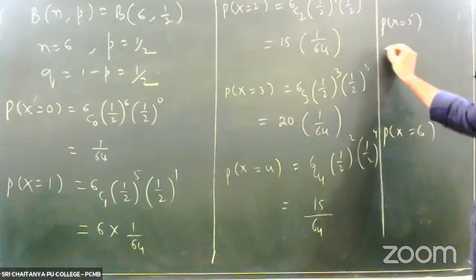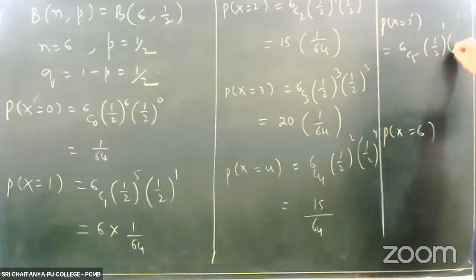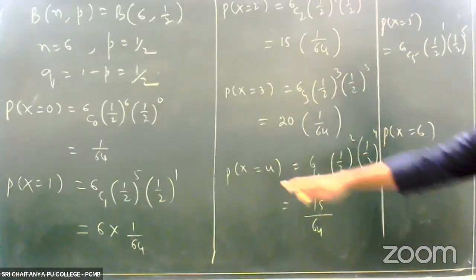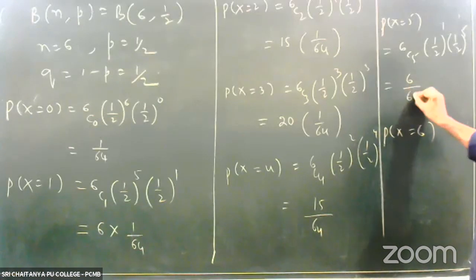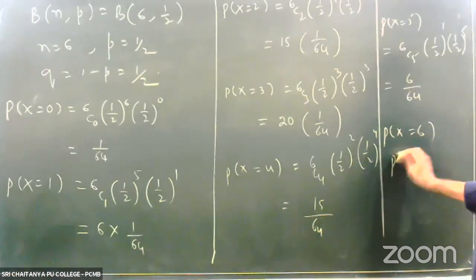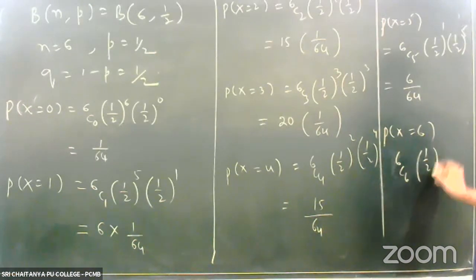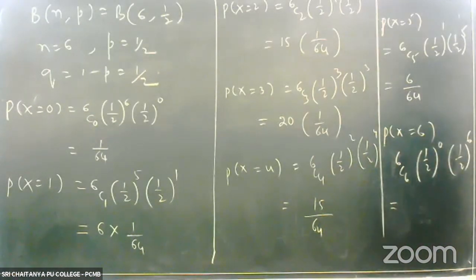See here, this is 6C5 into 1 by 2 to the power of 1 into 1 by 2 to the power of 5. Same as you got for P(X = 1), which is equal to 6 by 64. Similarly, P(X = 6) means 6C6 into 1 by 2 to the power of 0 into 1 by 2 to the power of 6, which is equal to the 6C0 value. Observe, it is equal to 1 by 64.